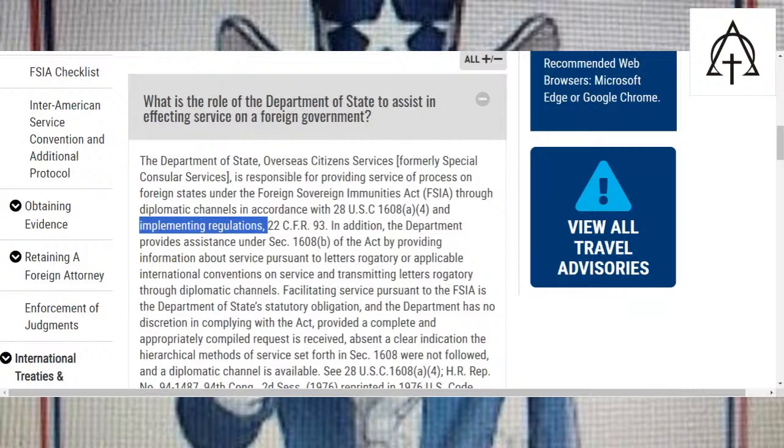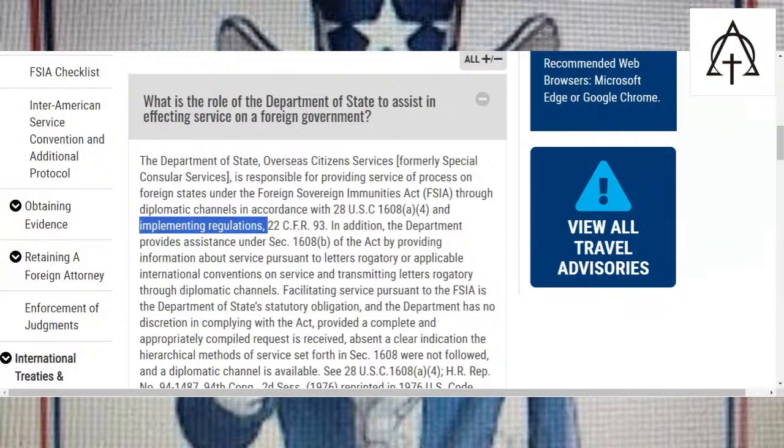22 CFR 93.1 is the diplomatic channels of notice, and 93.2 tells us that they have to be of the same capacity. In other words, they cannot be a public plaintiff going against a private defendant. They have to be public corporate entity versus public corporate entity in these administrative corporate courts.